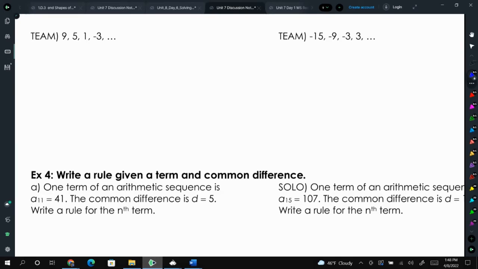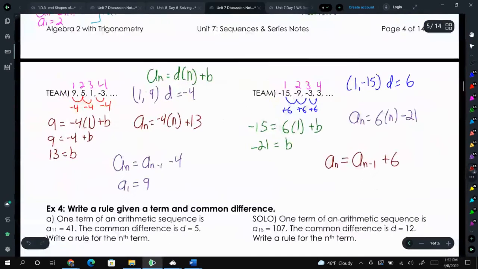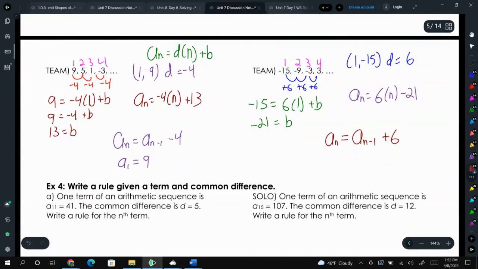All right, I want you to try these two problems here. So go ahead and pause the video, and when you're done, unpause it to see what we got. All right, so you can check your answers here. If you need to pause it a second, see what you got compared to what I got, and you can see where you may have made a mistake.